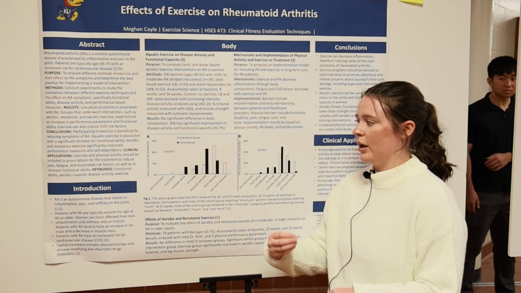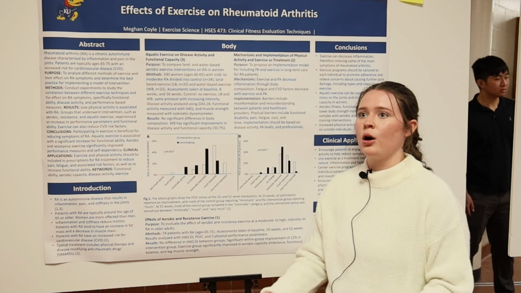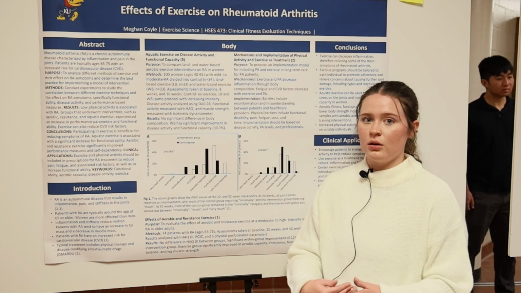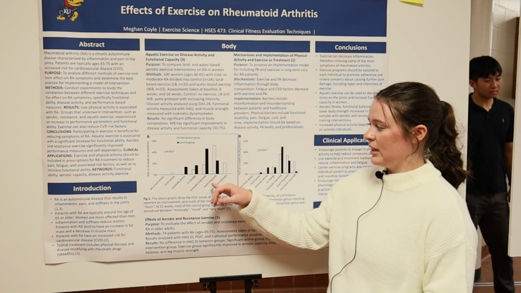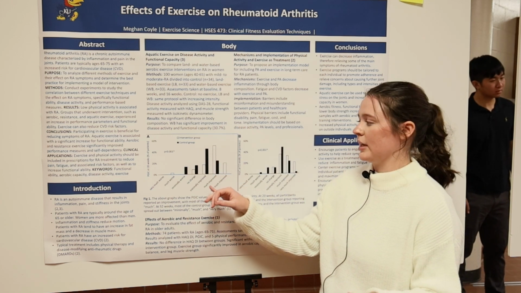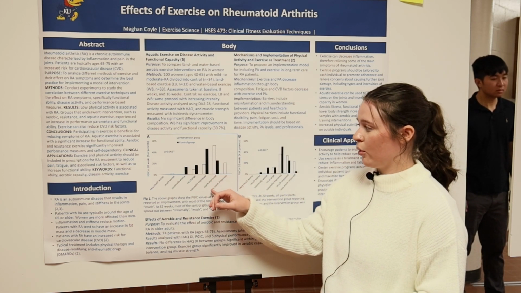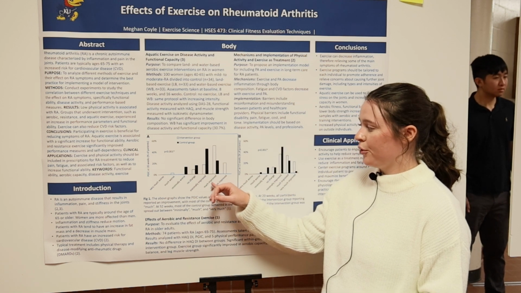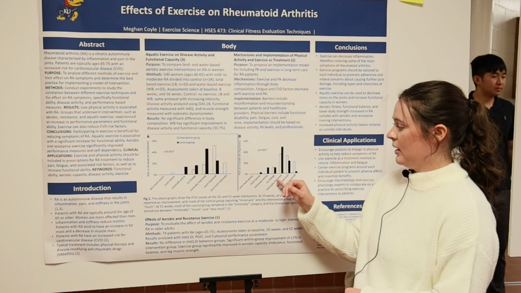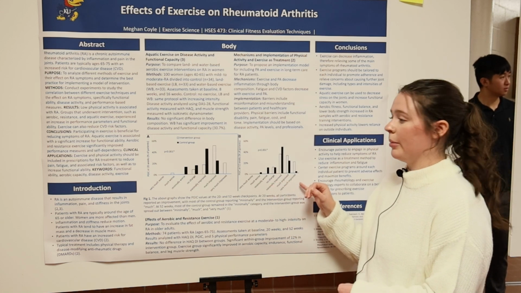So essentially what PGIC measures is how different or how changed the patients themselves feel. So as we can see here, most of the intervention group, or the exercise group, at 20 weeks reported that they were much improved or very much improved. And then even at 52 weeks, they were either minimally improved or better.